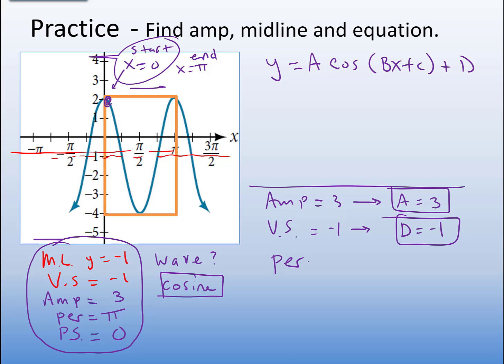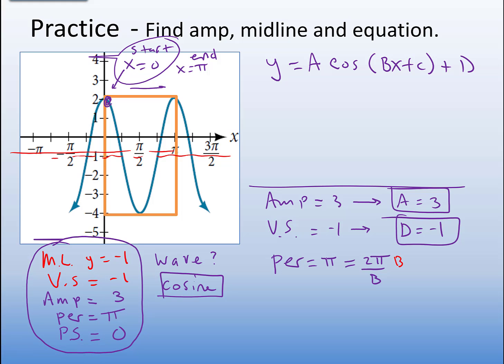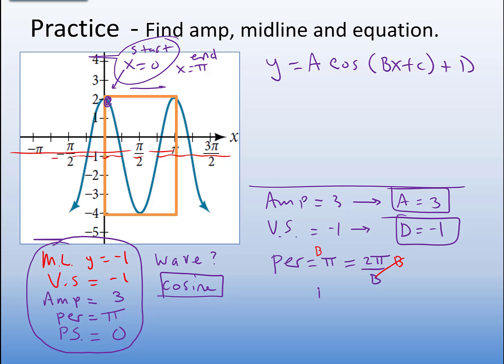We know the period equals pi, and we know the formula is 2 pi over B. So we can use the formula to find B. Now some students go really fast and don't pay attention, and when there are fractions that aren't quite as nice, they get their fractions messed up. So just be thoughtful and careful on this. But we get B times pi equals 2 pi. And then lastly I'm just going to divide by pi. So B equals 2.